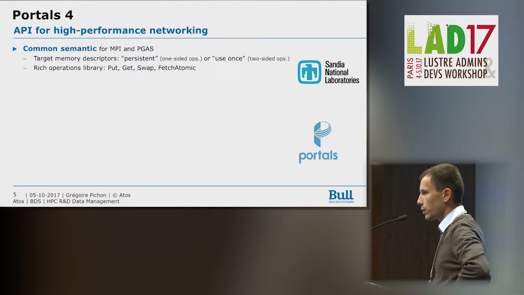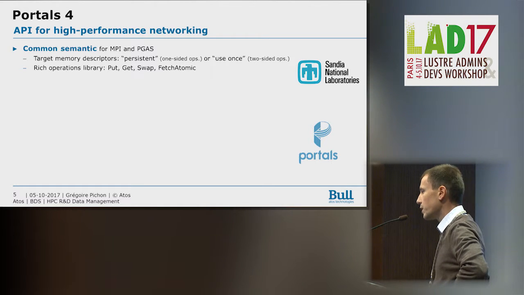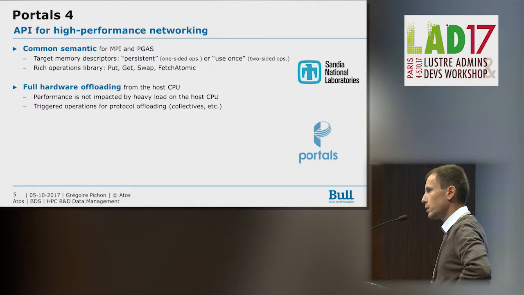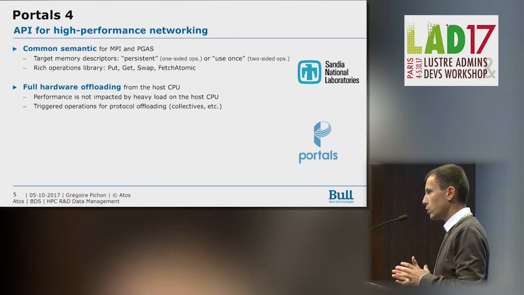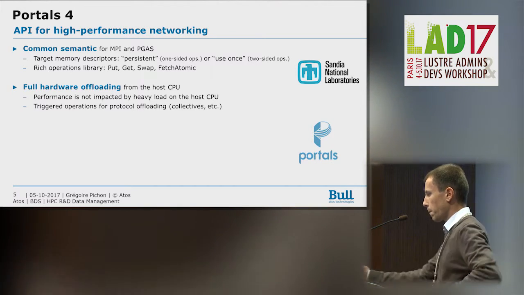It provides a rich semantic that allows implementing both MPI communication and also a PGAS computing model, which is a partitioned global address space. It also ensures full hardware offloading, so it means computing and networking are completely separated and can progress independently.